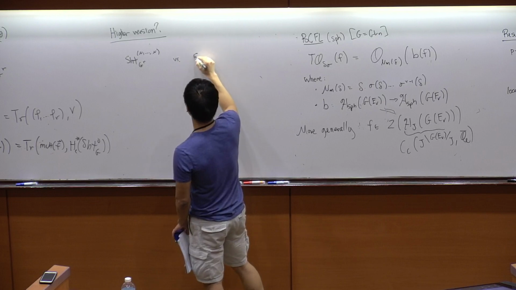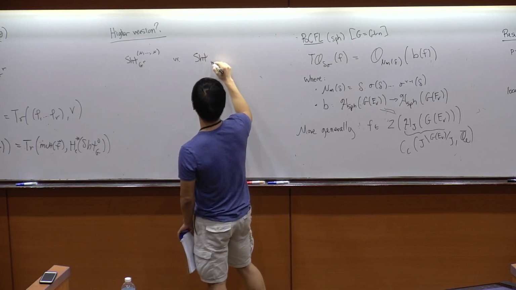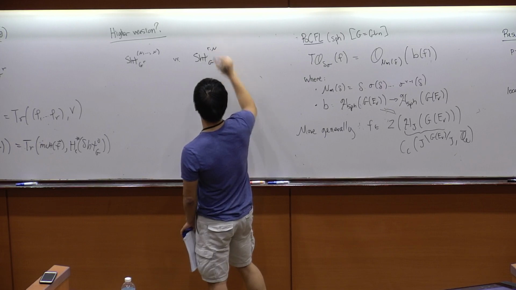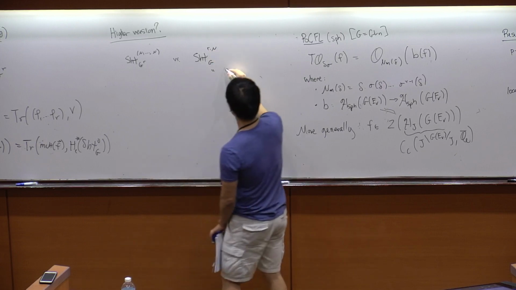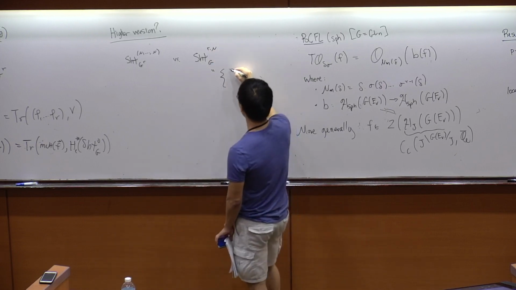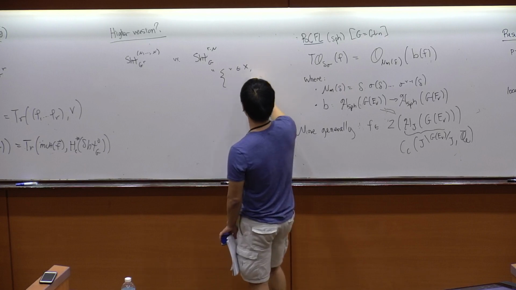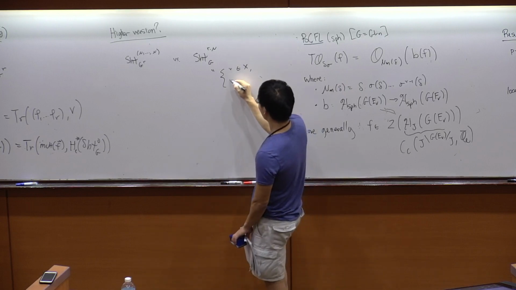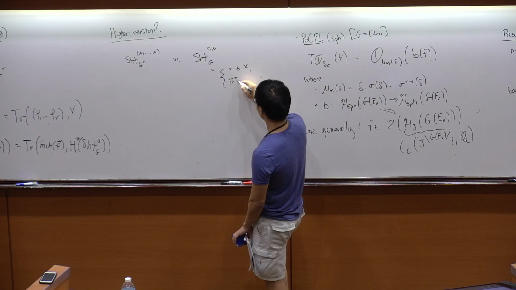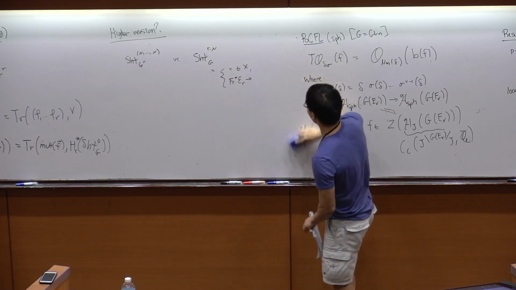The answer will be something which I'm going to call Sht_{G^r,μ}. And it parameterizes the datum of a point of the curve and a sequence of maps between vector bundles.